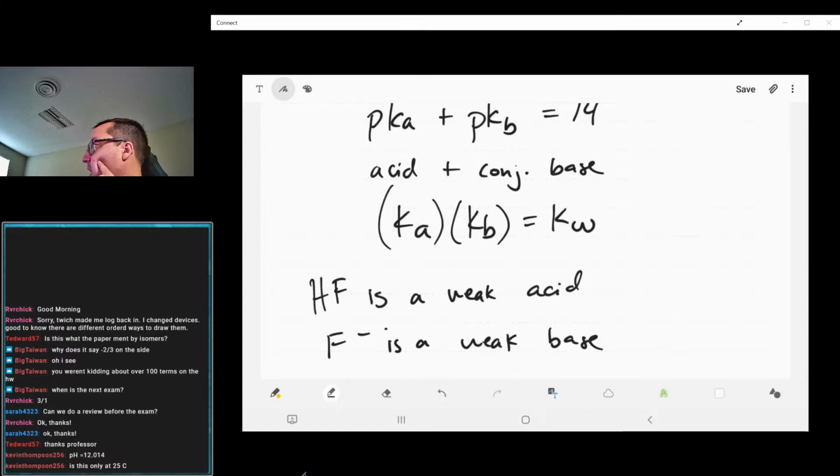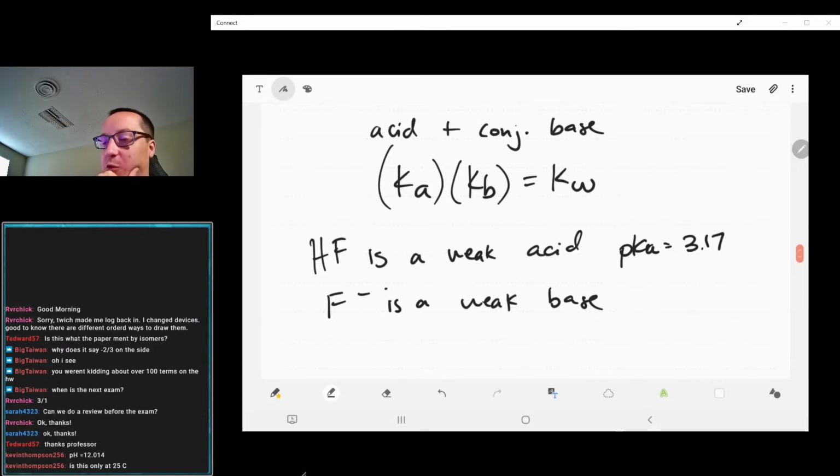Its pKa is 3.17. We would expect, therefore, the pKb of this to equal, let's see, 10.83, just by using this math, so 14 minus 3.17.